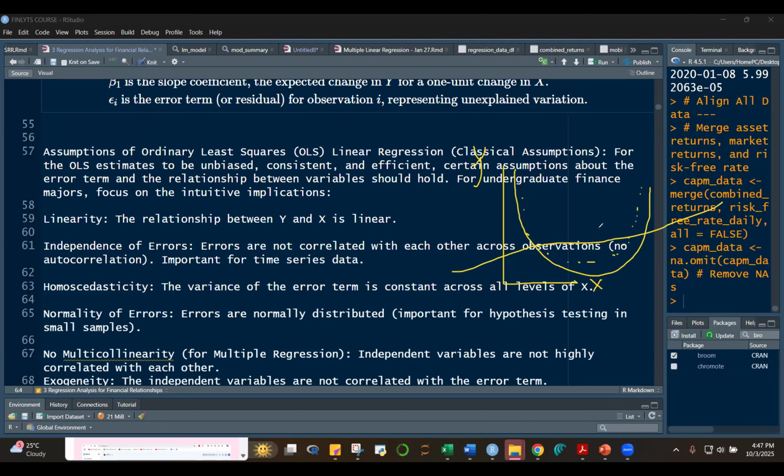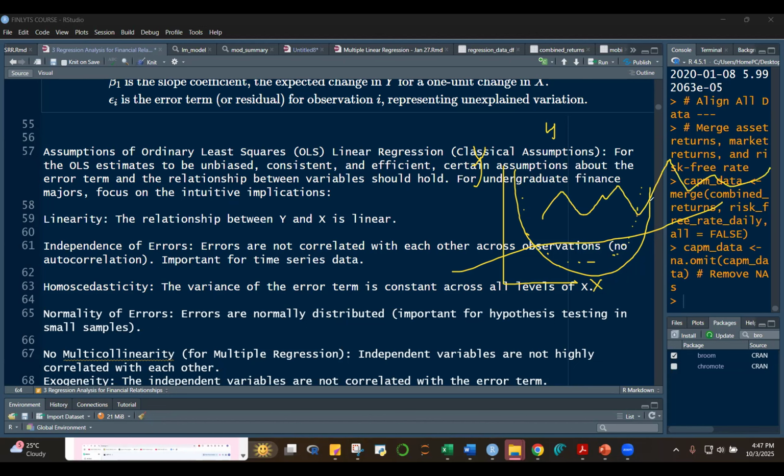The line of best fit, the line that we're going to create, if your y and x are related in such a way, will not be a good estimator. It will not establish a good relationship between y and x because it's polynomial, or it can behave this way, for example.